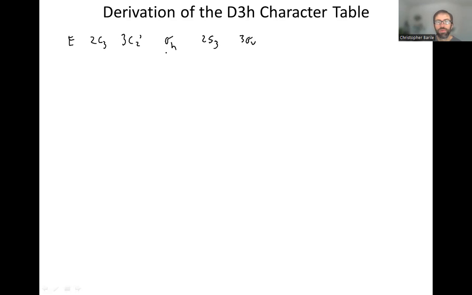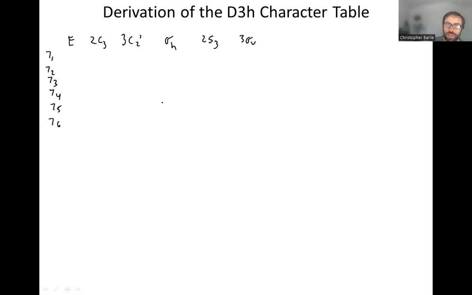One of our character table rules states that these have to be square character tables. That is, the number of classes has to be equal to the number of irreducible representations. We have 6 classes here, so that means we're going to have 6 irreducible representations. I don't know what these are yet, so I just give them generic terms using the Greek letter gamma, and call them gamma 1 through 6.